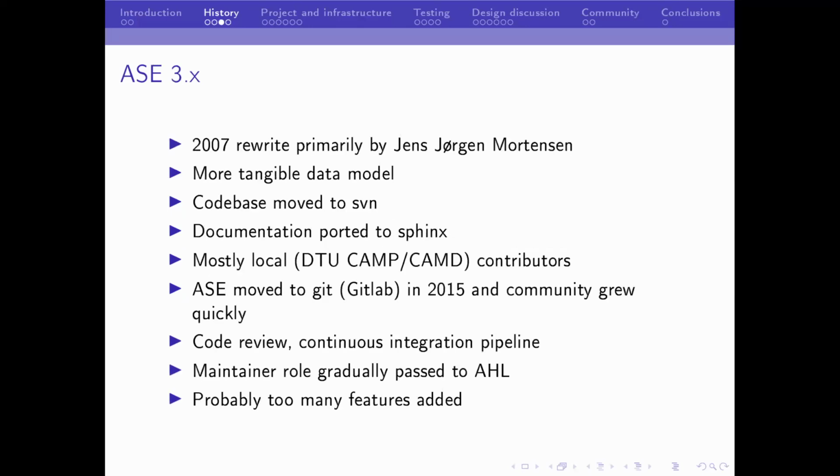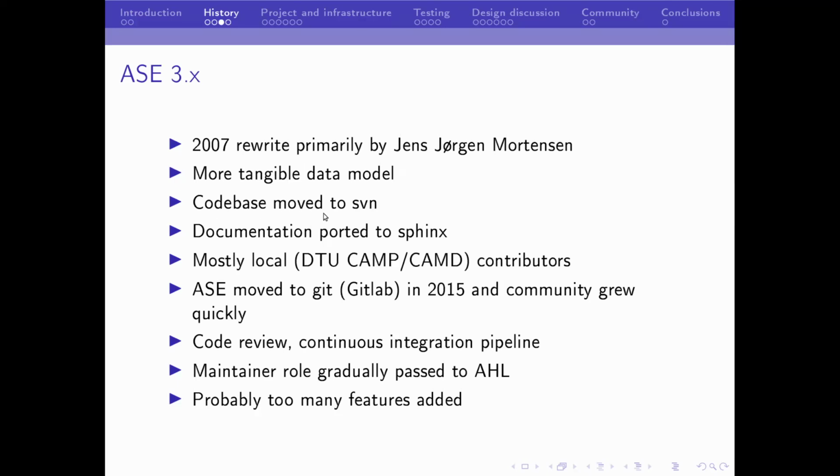So then came ASE3. So this was Jens Jørgen Mortensen, who is the historical main character of ASE. He wrote ASE3 in 2007 because ASE2 was a little bit too clunky. So this made the data model more tangible, so one could get the arrays and things would not be behind so many layers of abstraction.